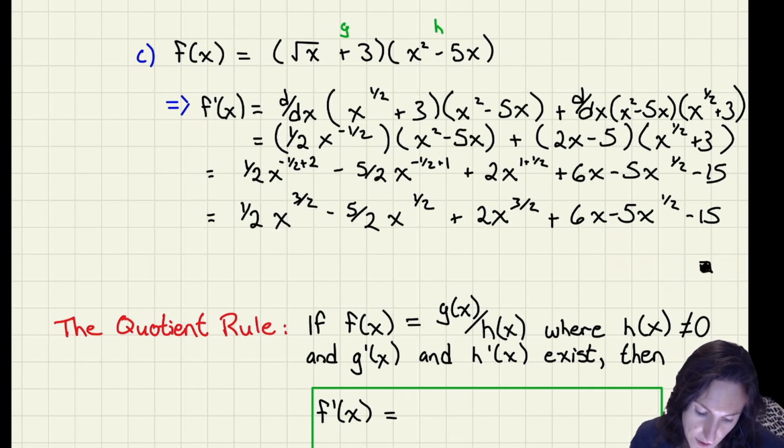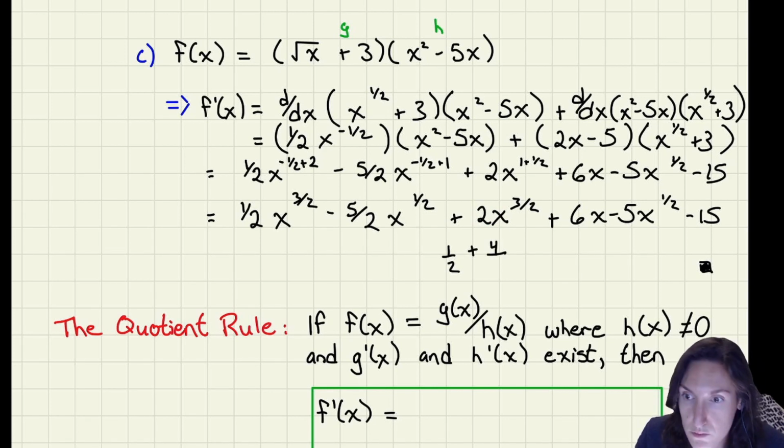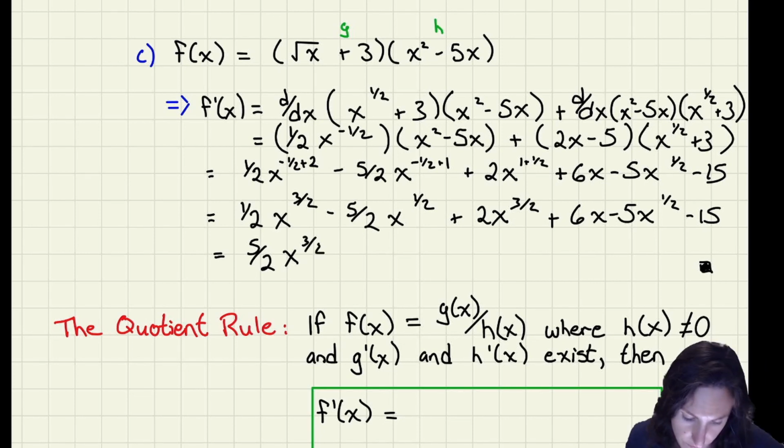All right, so now we're going to combine terms here. So we have 1/2 and 2 here. So we're going to have 1/2 plus common denominator. So 4 over 2. So that will be 5 over 2. So 5 over 2, x to the 3 over 2. All right, so that gets rid of these terms.